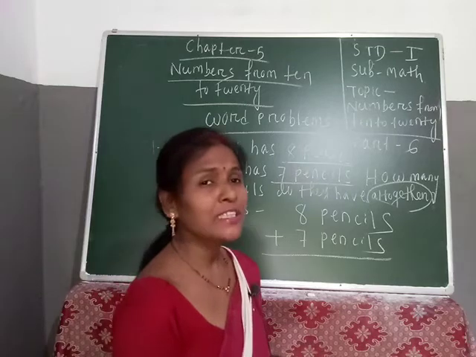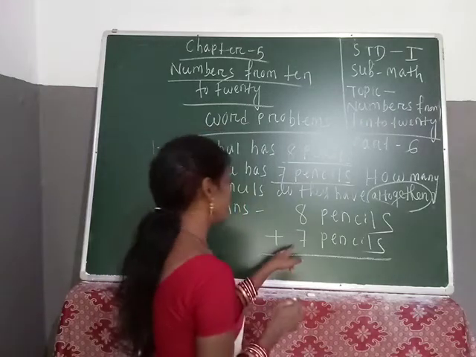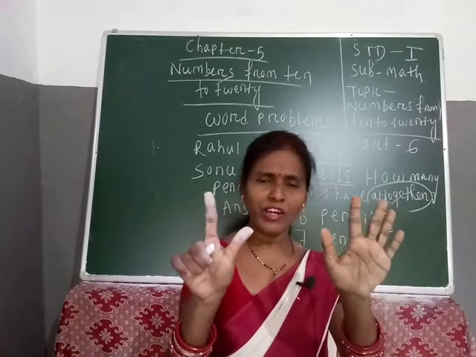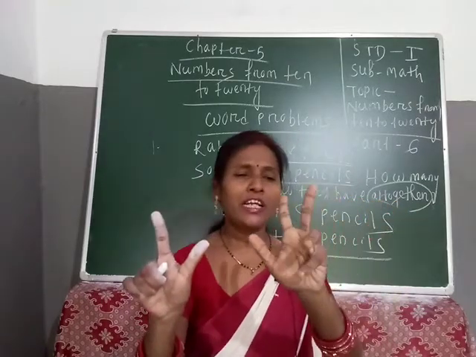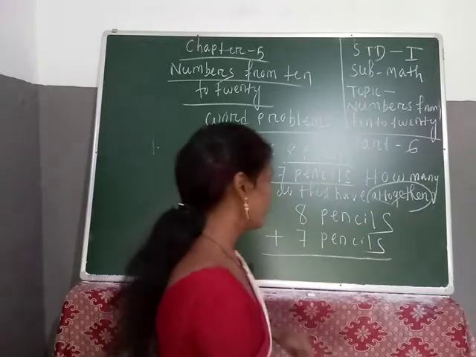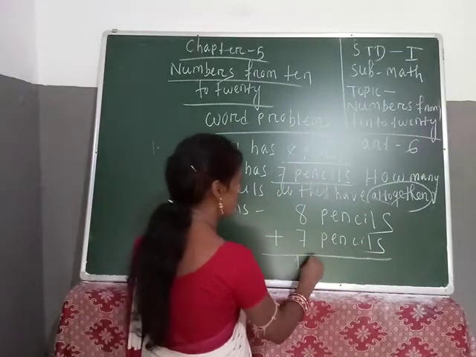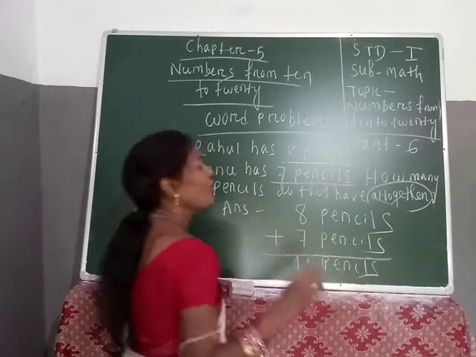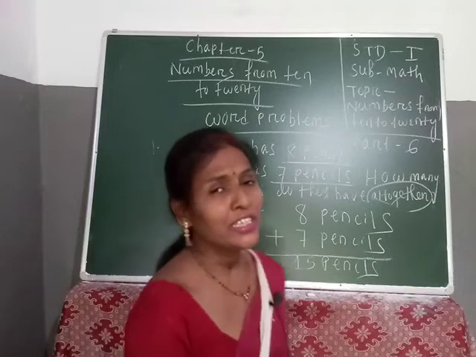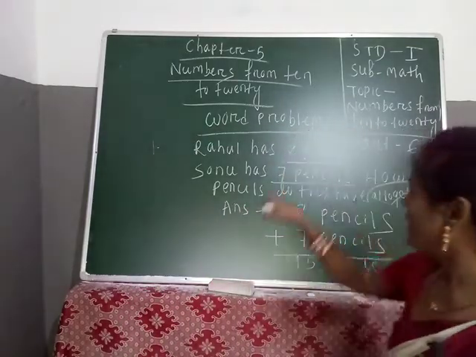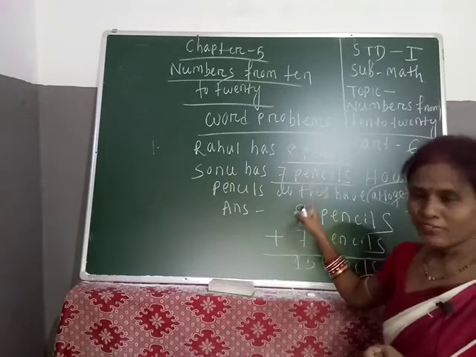Tell me students, now let us count. Here is a 7, here is an 8. So let me take out my 7 fingers. Then 9, 10, 11, 12, 13, 14, 15. So tell me students, how many? There are 15 pencils all together, that is Sonu and Rahul. Rahul has 8 pencils, Sonu has 7 pencils.